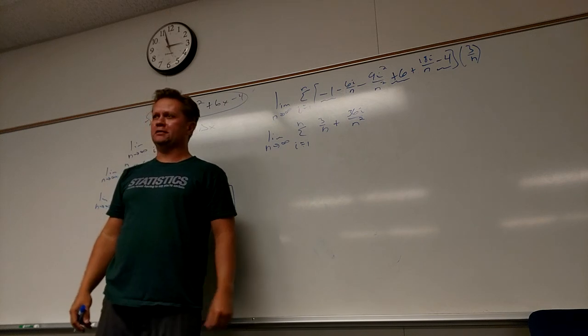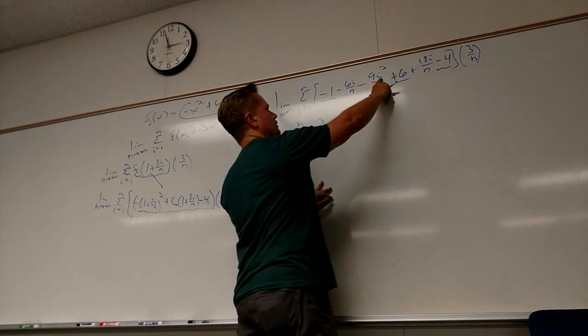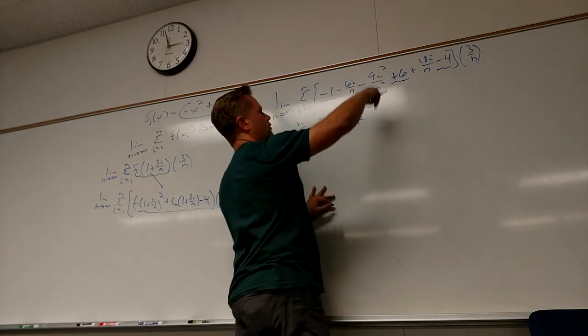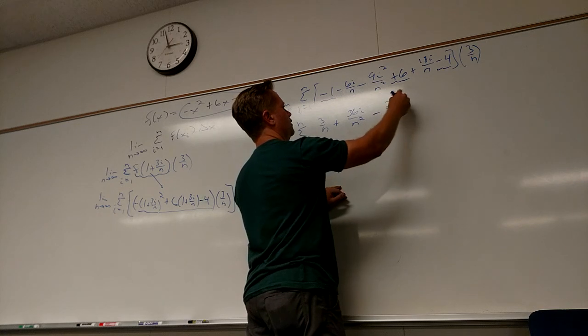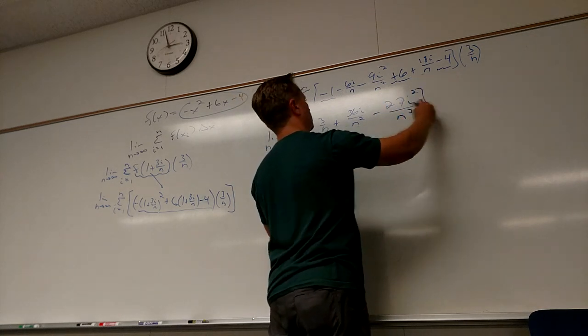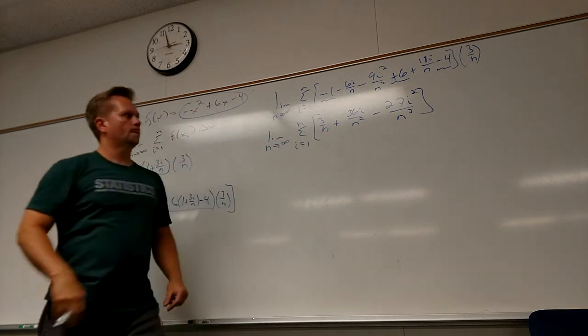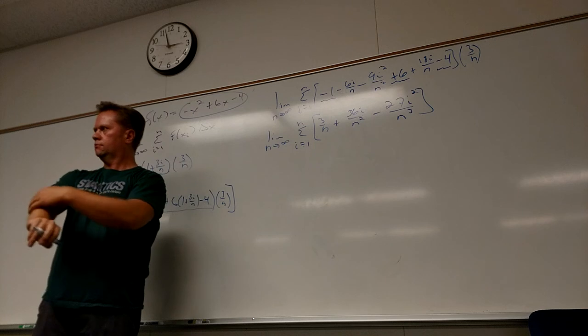You don't have any complex stuff right now. And then if I look at my i squared, I only have this one i squared term, right? So now when I multiply by that, I get minus 27i squared over n cubed. So that's consolidating and distributing the 3 over n.